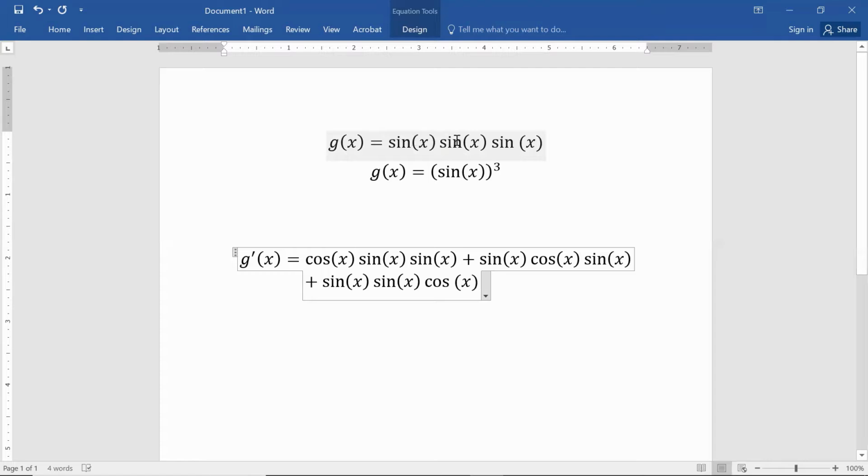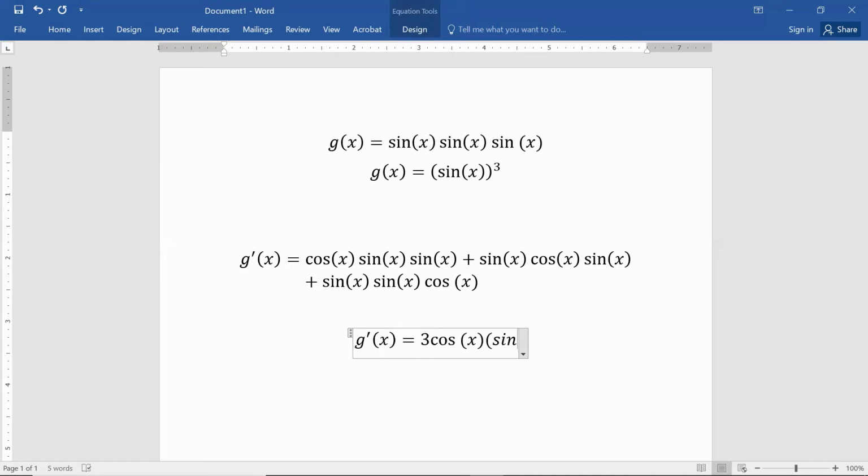In this case, notice that since sine, sine, and sine were all repeated, we end up with a derivative, which I can rewrite as g′(x) equals 3 times cosine of x times sine of x squared. Observe what's happening here.